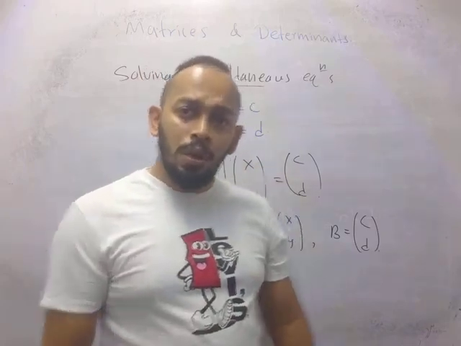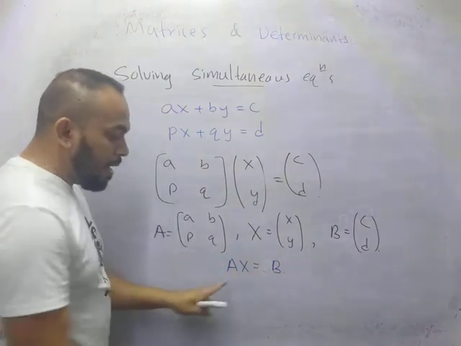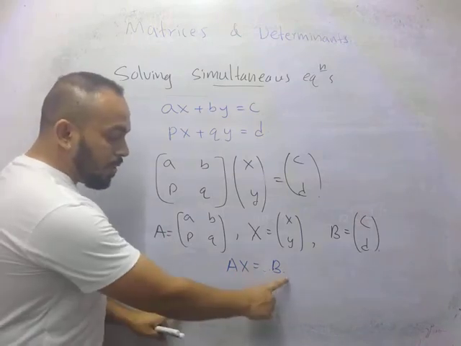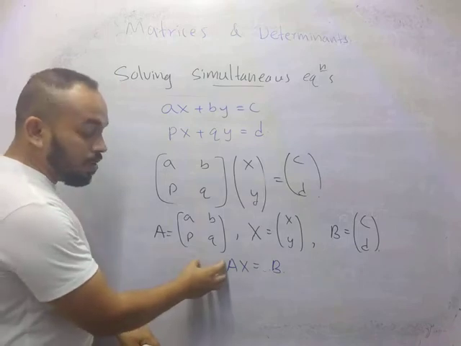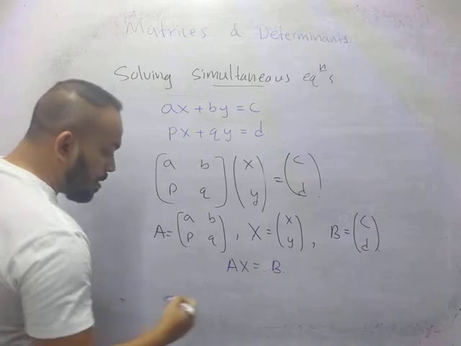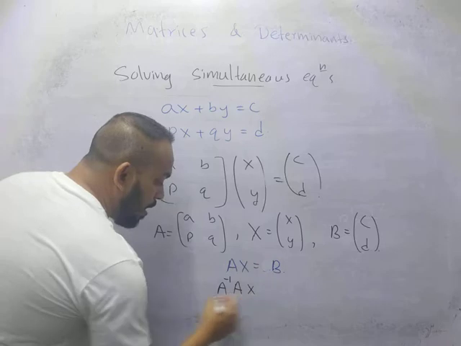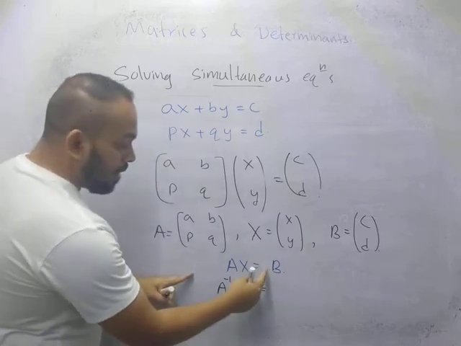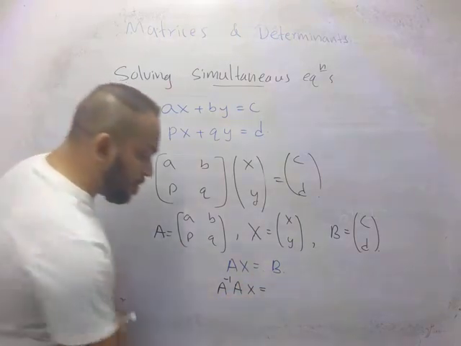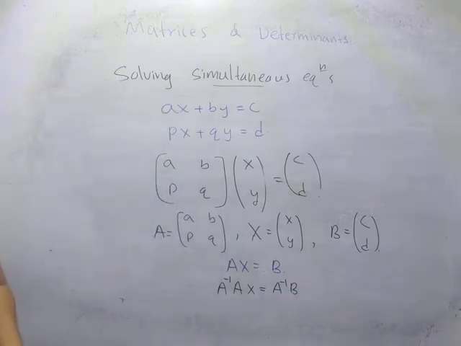Now make sure of the order of multiplication. If A is the pre-multiple of X, then you multiply the equation by A inverse from the left. So you could write this: A inverse A X equal, then you write A inverse as pre-multiple of B. That's it.